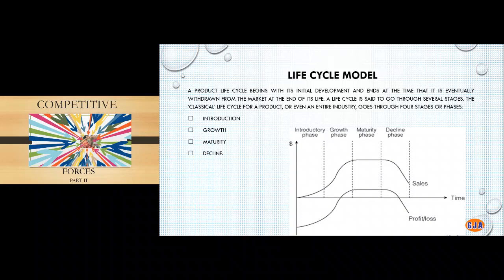And the product, of course, may not be profitable at this very point in time. At the introductory stage, an entrepreneur must be careful not to consider hastily that the product is not profitable, but should know that this is just a stage in the life of his or her product or the company's products.